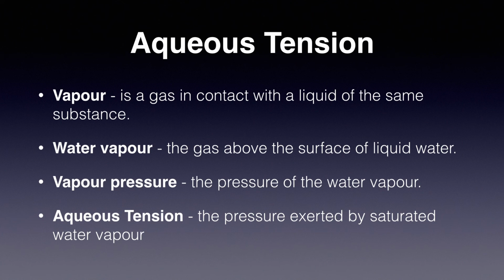The pressure exerted by the saturated water vapors is said to be aqueous tension. Once again, the pressure exerted by the saturated water vapors is said to be aqueous tension. So hopefully it is understood. In simple meaning, the vapor pressure of water is called aqueous tension.